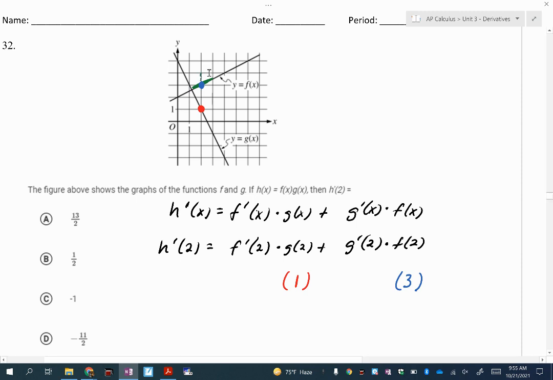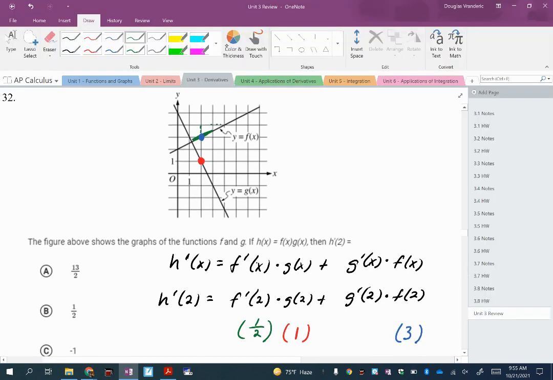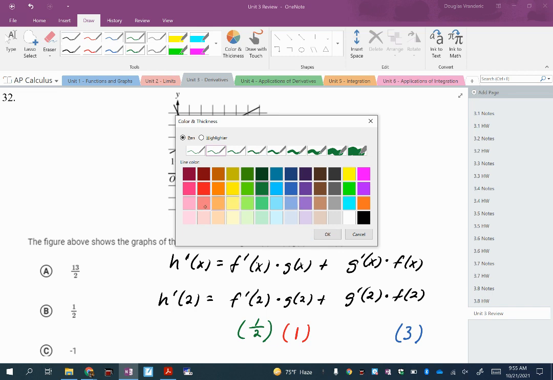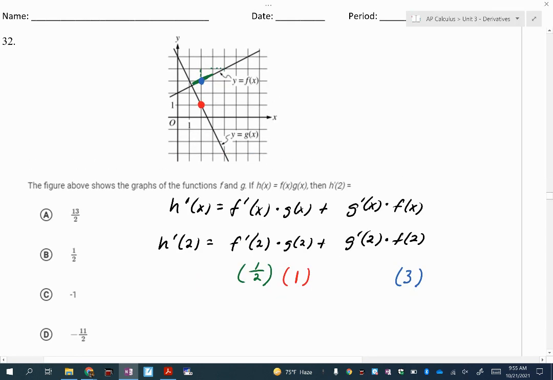So that's going to be a slope of 1/2. And I'll change back to orange for g prime of 2. So here is the tangent line there, which is a negative, and that's up 1 to left 1. So up 2 left 1. So it's a negative 2.